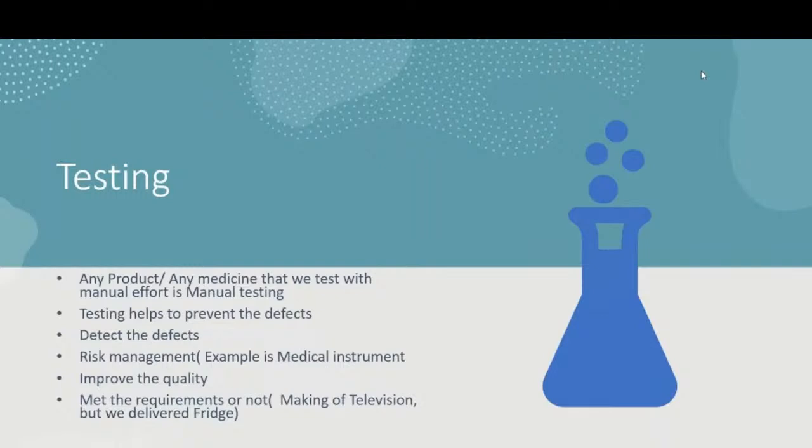And we can also say whether it met the requirements or not. Here I'll tell you one example. A customer came with an idea saying, I want to build a television. The developers got all the requirements and started developing it, and the final product that came up was a fridge. I gave it to the client, and the client says, this is not what I expected.